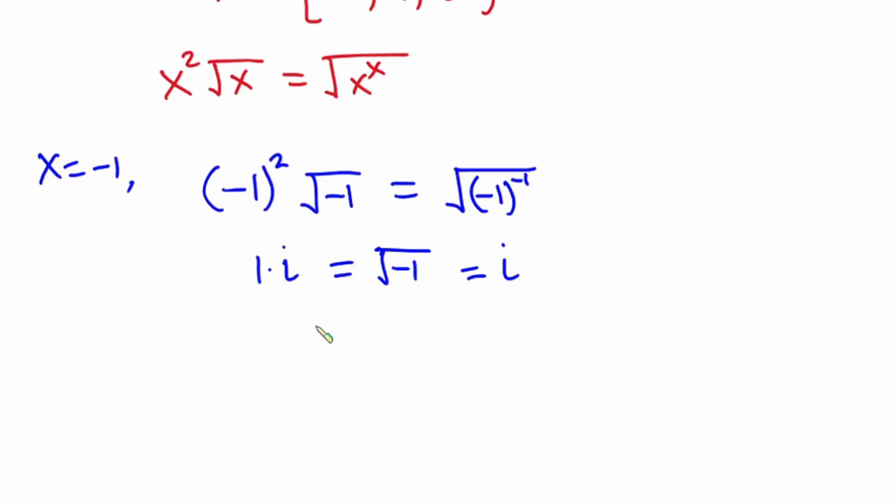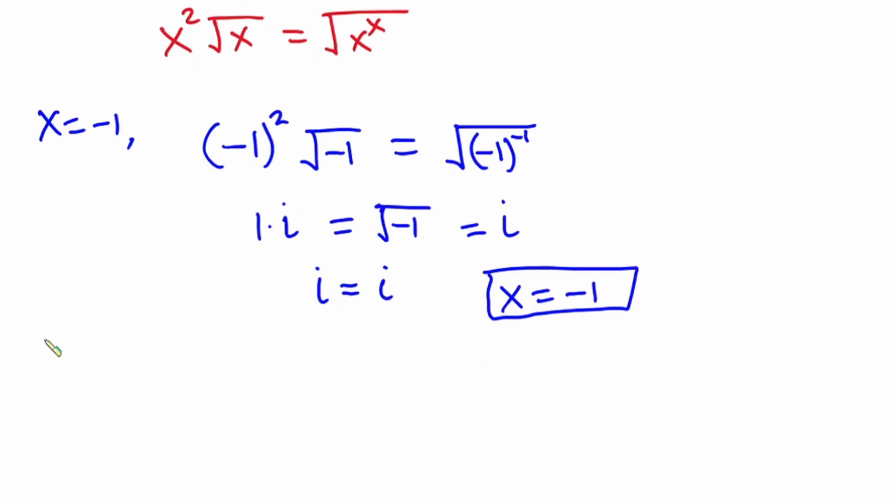So from here 1 times i is equal to i, okay, then we have i over here. So you can see that the left hand side is equal to the right hand side. So we can say that x equals -1 is a valid solution. Okay, now let's come to x equals 1.